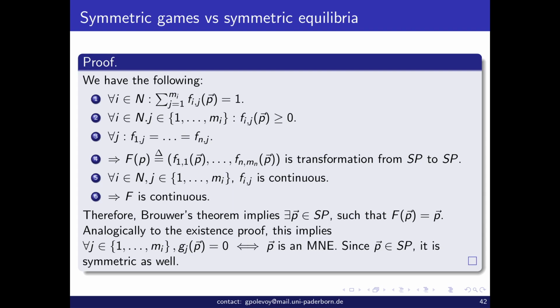So we have proved that there is a p in SP which is a mixed Nash equilibrium. But SP was defined as the set of all the symmetric profiles. So this p is a symmetric Nash equilibrium, whose existence is proven non-constructively, admittedly, but still unequivocally.